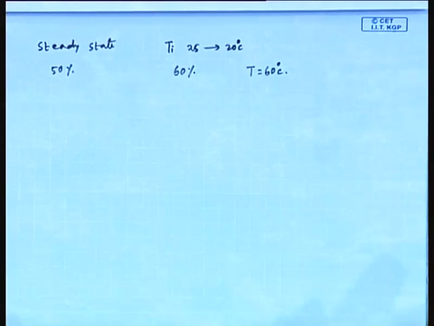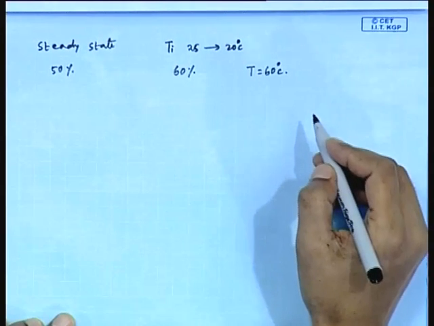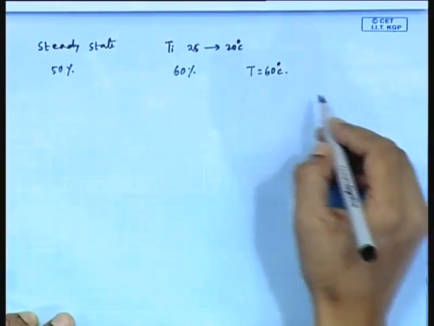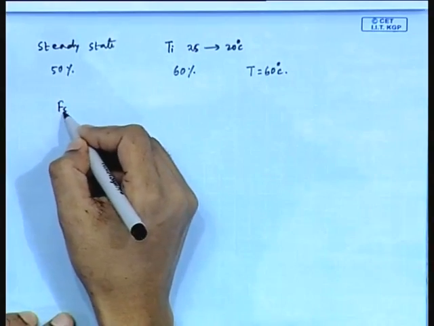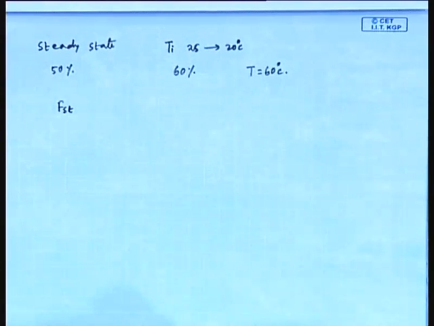Fine. Now, our manipulated variable is FST.